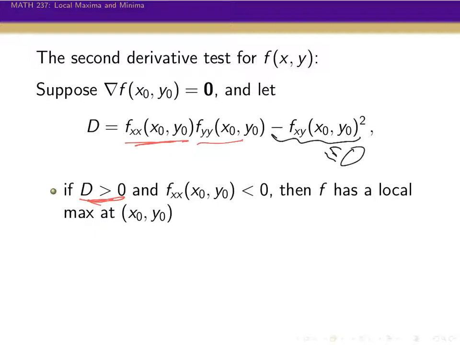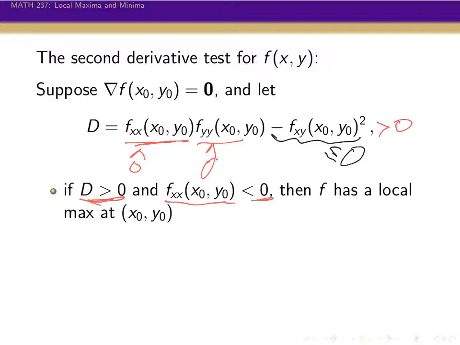So if d is bigger than 0, but fxx is negative, so if this is less than 0, this is always going to be negative. The only possible way for this to be bigger than 0 is if fyy is also going to have to be negative.